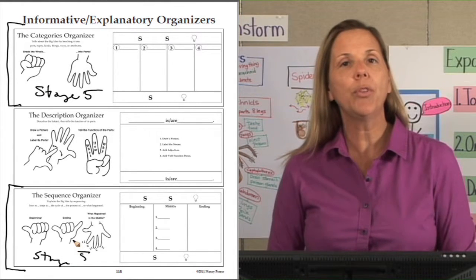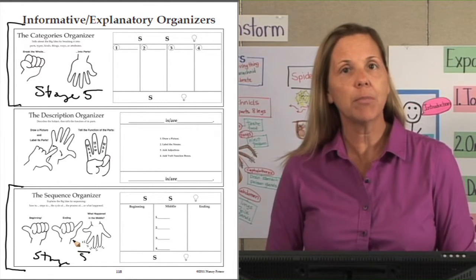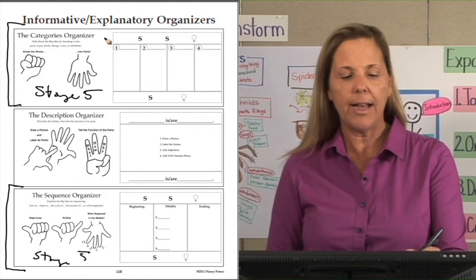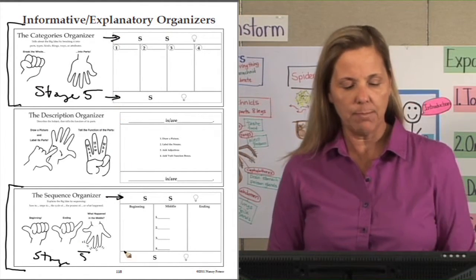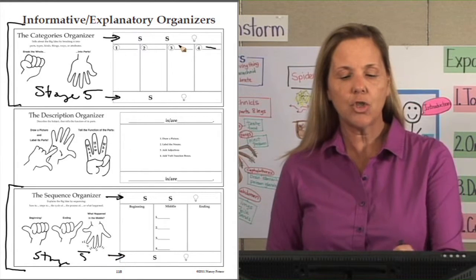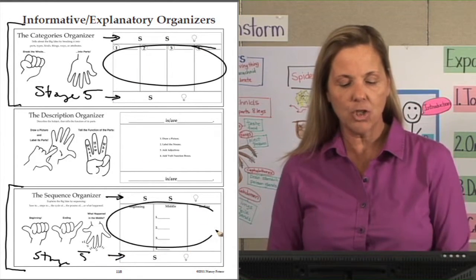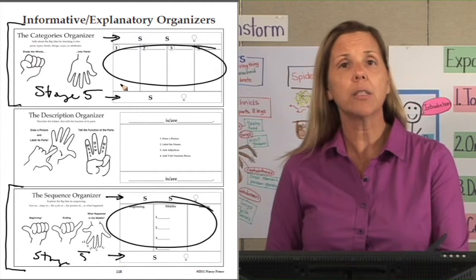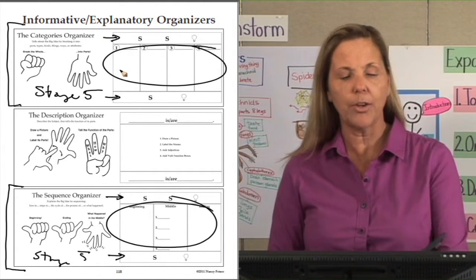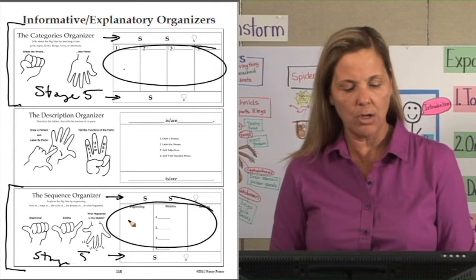Why can we use both of these organizers at the same level? Because they both have SS light bulb for their topic sentences and S light bulb for their conclusion. It's just the middle, how the information is organized, that is different. So you're basically using the same organizer and just looking at whether you're going to categorize the information or sequence it.